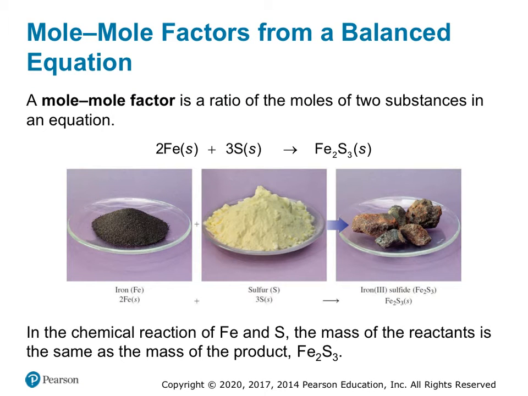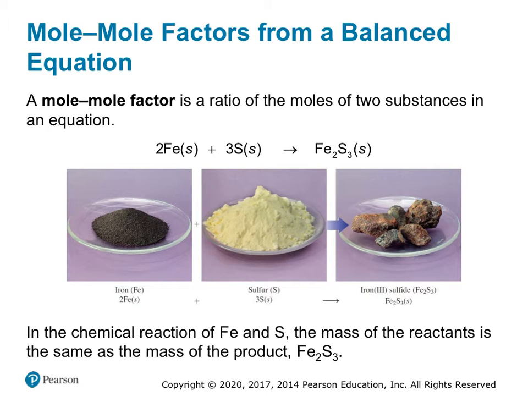All right, a mole to mole factor or a mole to mole ratio tells us about the moles of two substances in an equation. So the first thing you need is a balanced equation, which here we have one. Two iron atoms react with three sulfur atoms to make iron(III) sulfide.